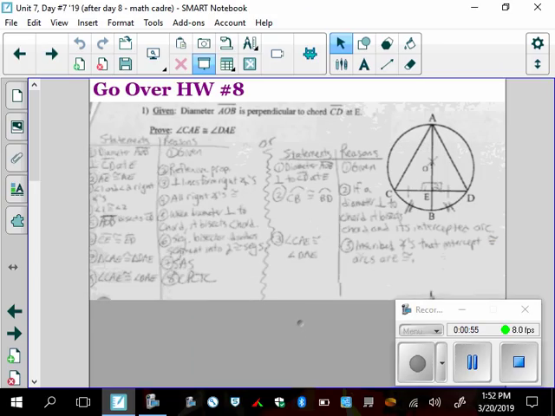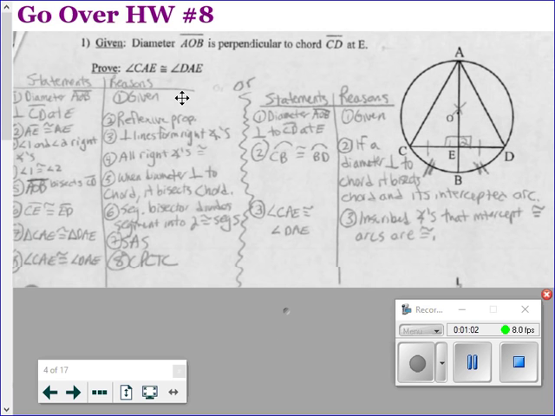So this is a little bit hard to see. There are two different versions of this. The first one is looking at these two triangles.